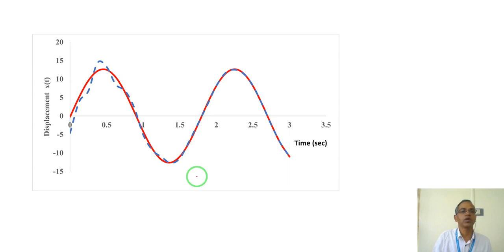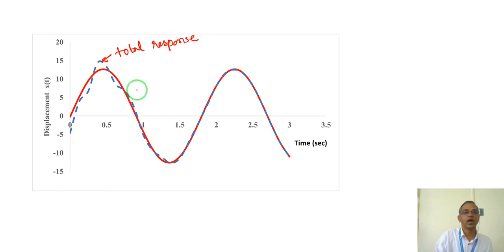Now if you look at the response of the system, x of t, this is the total response, and this red one is the steady state response.